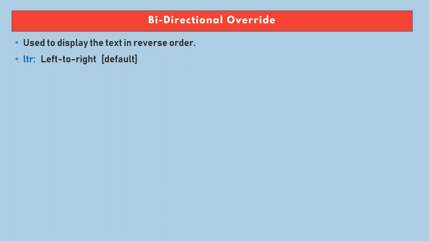Actually, we have two options in this BDO, LTR and RTL. LTR means left to right, which is default, normal. Most of the languages, like English, we write left to right only. But some languages are right to left. So to change the order of characters to right to left, we have to use RTL.